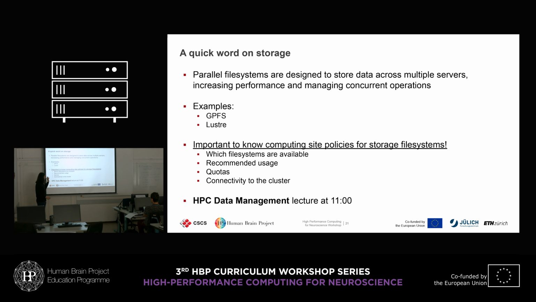And also, some file systems might not be visible on all parts of the computer. For example, there are some file systems that are visible only to the login nodes. Some others may be visible only to the compute nodes. So, useful information. And for JSC, this kind of information is reported on their website for each supercomputer.